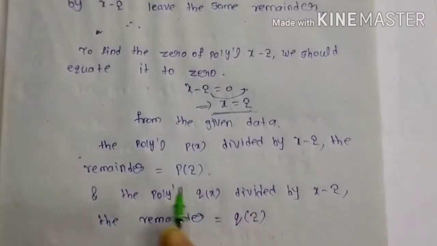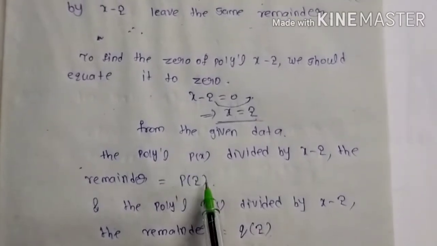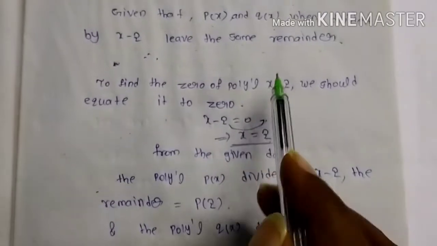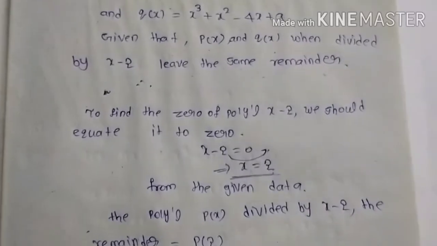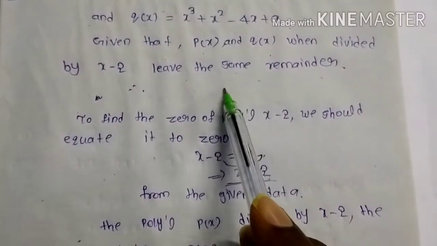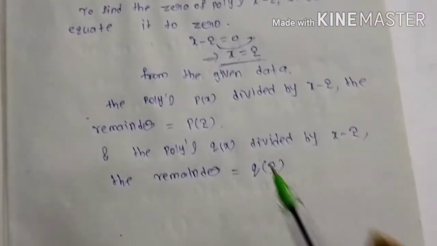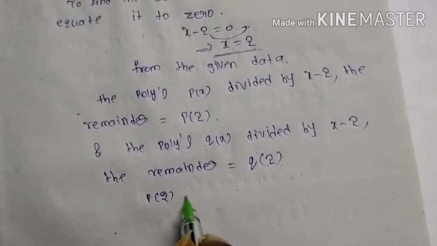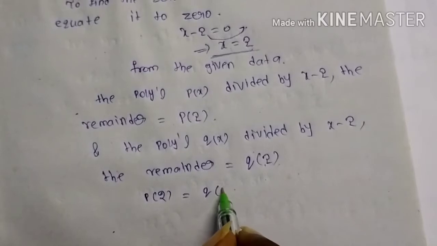Yes or no? This is p of 2, this will be q of 2. But already you know that these two are equal, or not? Yes or no? That leaves the same remainder. That means you can remember here p of 2 is equal to q of 2.